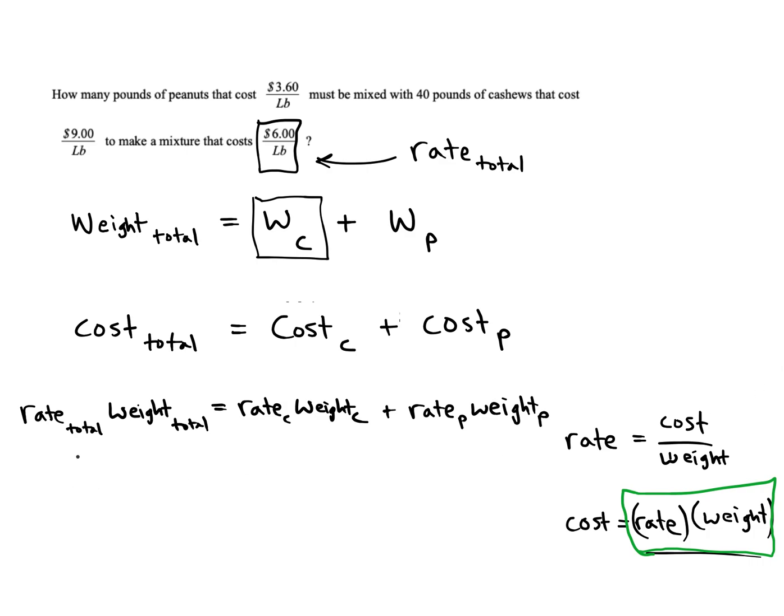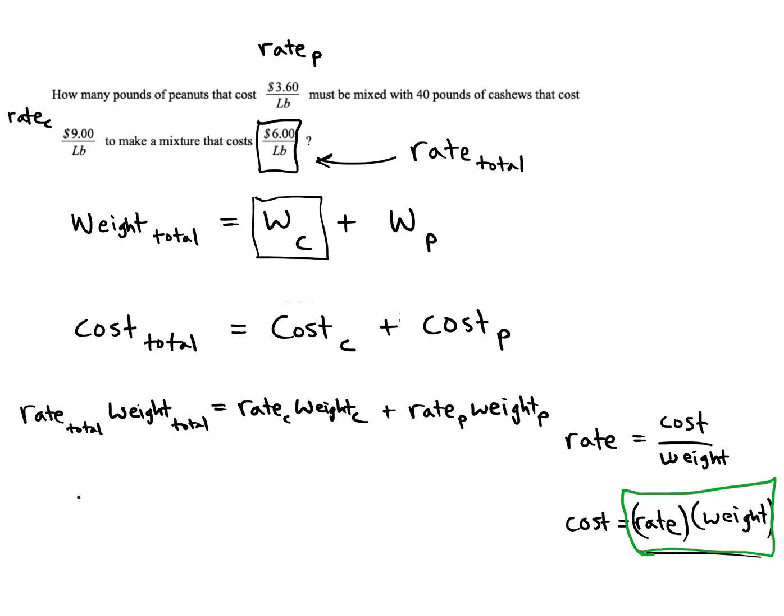The reason why this helps us so much more is we actually do know all the three different rates. This is the rate of the peanuts, and this is the rate of the cashews, and our rate total is right here.